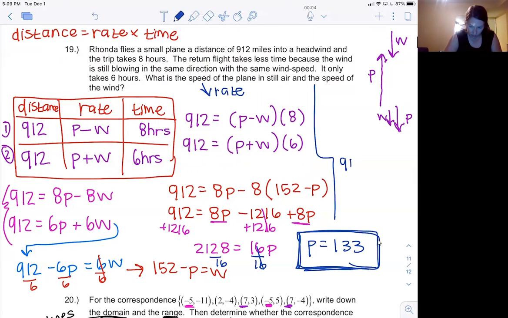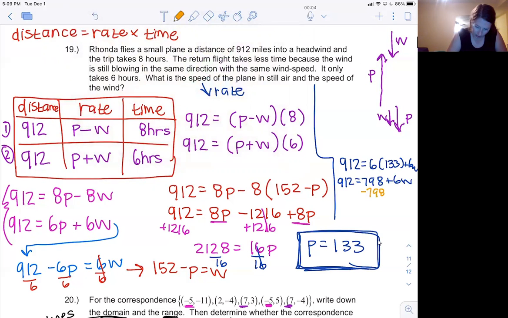So I have 912 equals 6 times 133 plus 6W. 6 times 133, I got 912 equals 798 plus 6W.